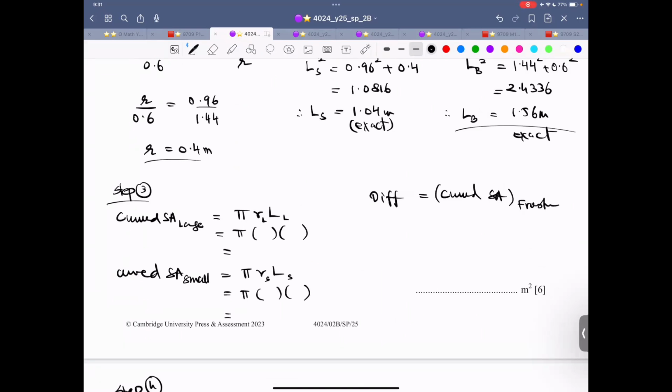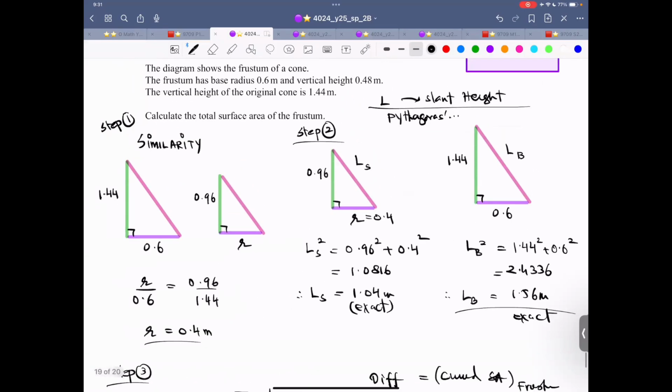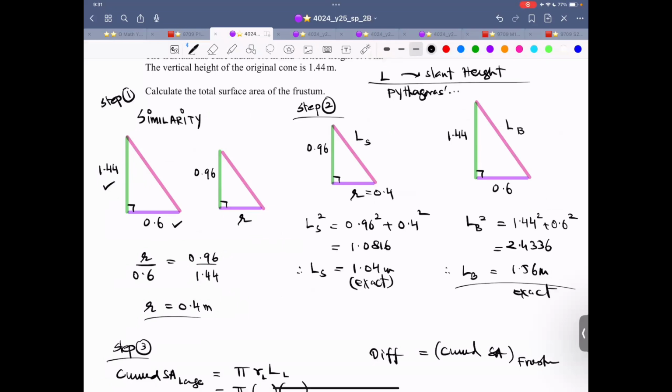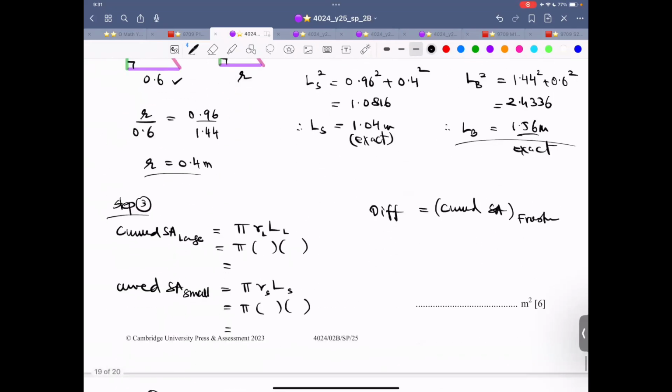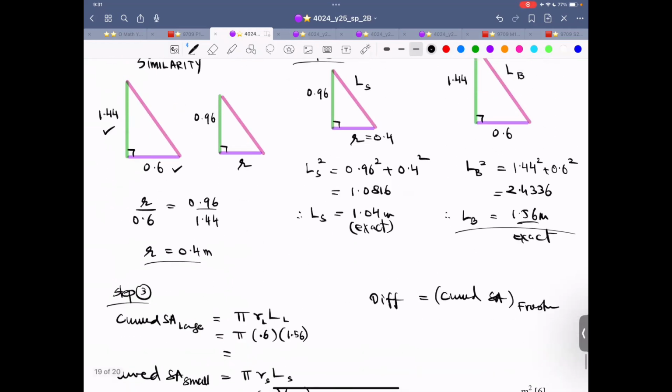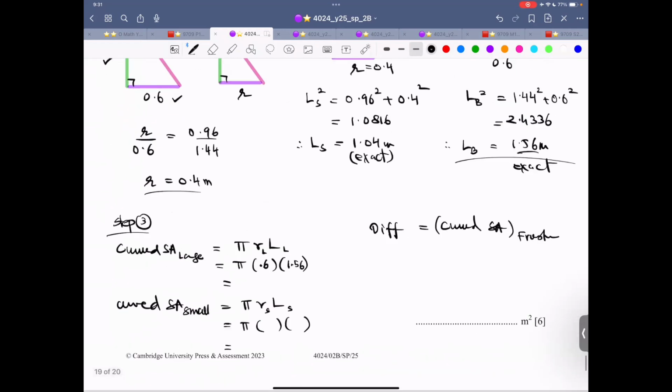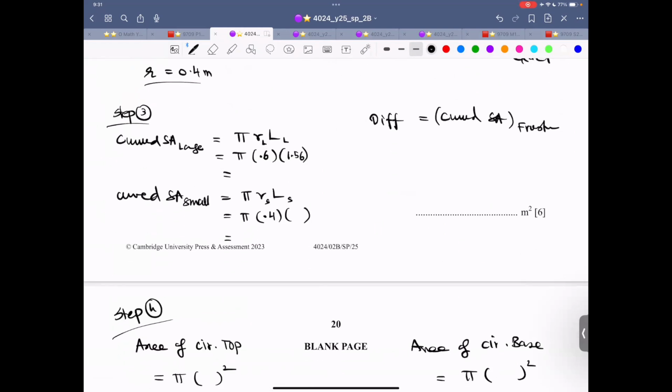Now what are the values that we have? For the large, it's 0.6 and 1.56. For the small, it is 0.4 and 1.04. Do not mix up the things.